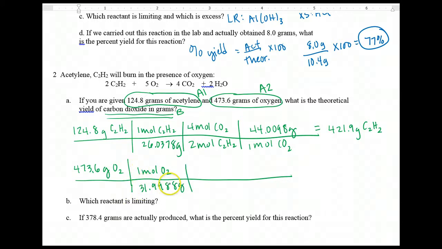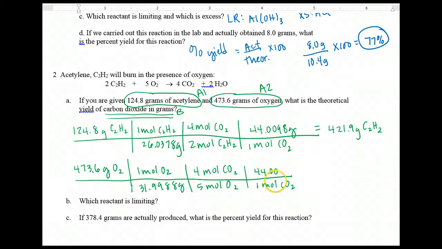The ratio of carbon dioxide to oxygen is 4 to 2, so we're still trying to determine the amount of carbon dioxide, but this time our given chemical was oxygen, so 4 to 5 ratio. And the last step is to change moles to grams.